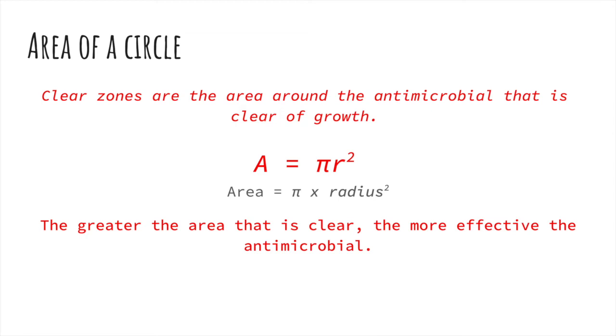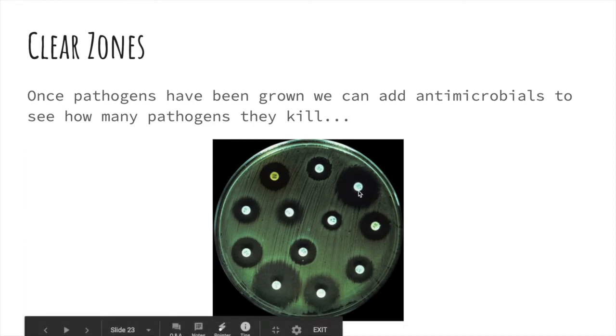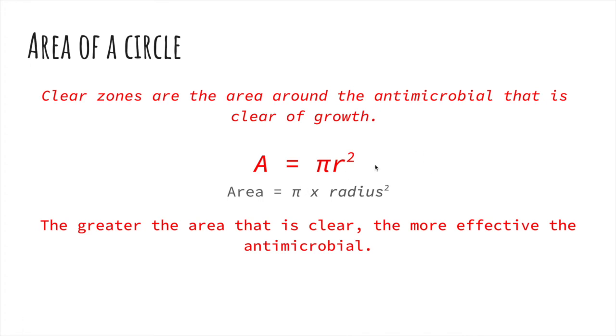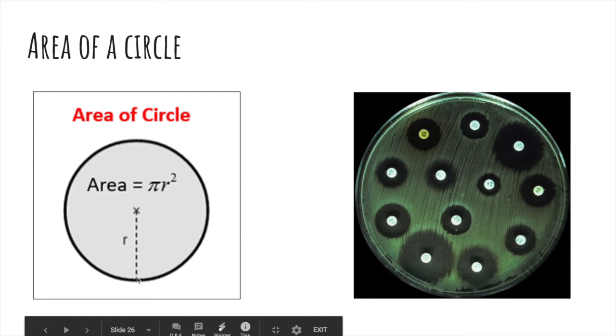The better job it has done. So as much as you can look at these and think, well, that one's a bit bigger than that one, to really precisely compare it, because these two look reasonably similar sizes, we need to go and calculate the area of it, okay? So pi times radius squared. Okay, so the radius is from the centre of the circle to anywhere around the outside of it.